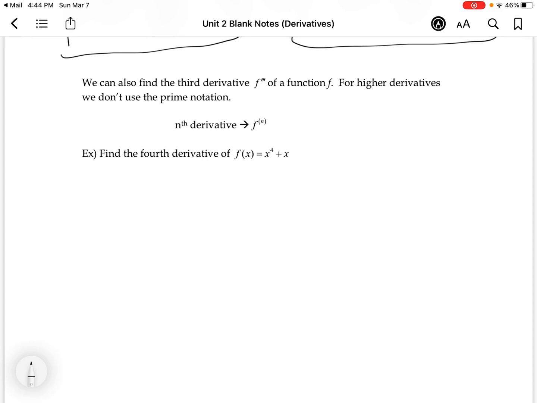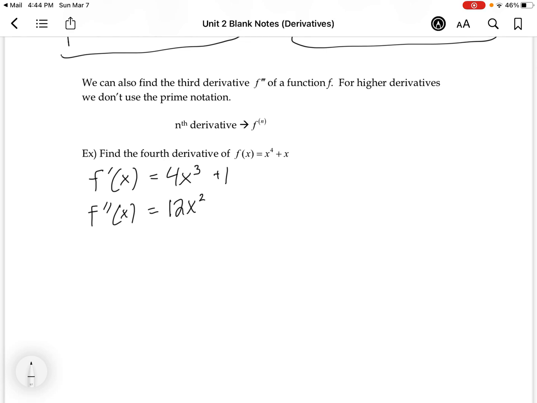So find the fourth derivative of f of x equals x to the 4 plus x. We kind of have to go through all of them to get to the fourth one. The first derivative would be 4x cubed plus 1. And then the second derivative is going to be the derivative of what we just wrote above. So this is going to become 3 times 4 is 12, x squared.